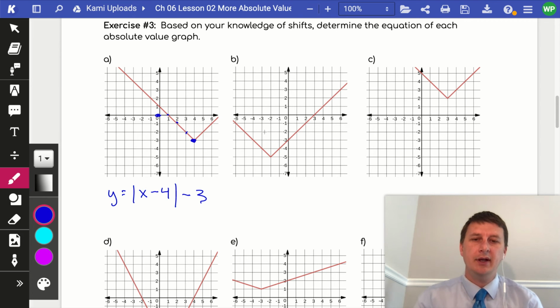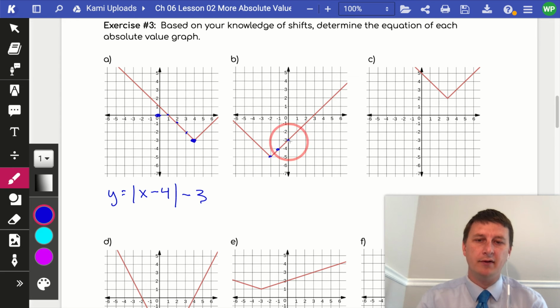Using that same logic, we're going to go on to part B now, where we also have a slope of up 1 over 1. So again, we're not going to be multiplying by anything special. We're just going to have y equals the absolute value of, how do we shift this vertex from the origin to get to here?